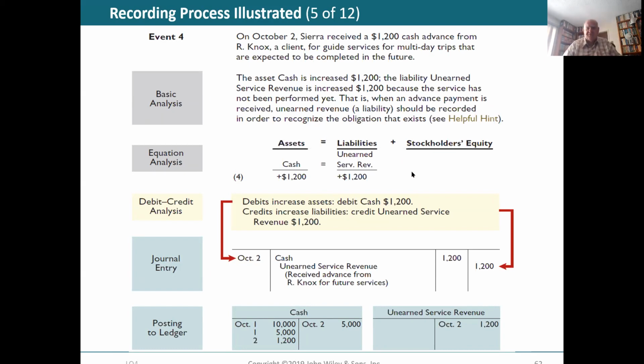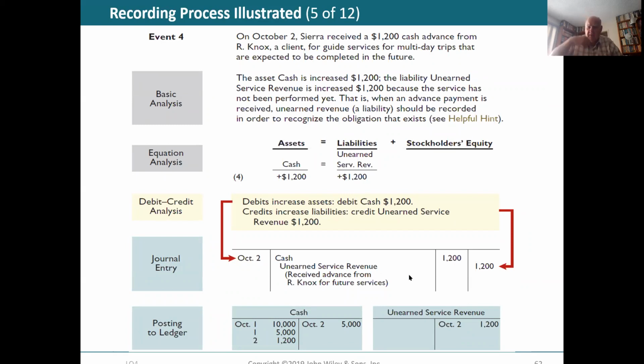A good example is I send the Dodgers $24,000 in January for my season tickets at Dodger Stadium. I wish, huh? They get that money. They can't call it income yet because they haven't played any baseball. So they debit cash and they credit, exactly like you see here, unearned ticket revenue.